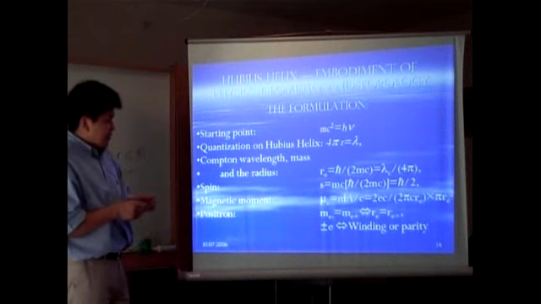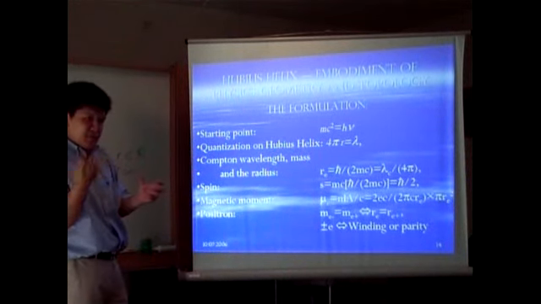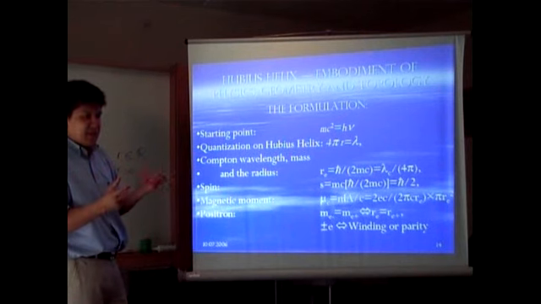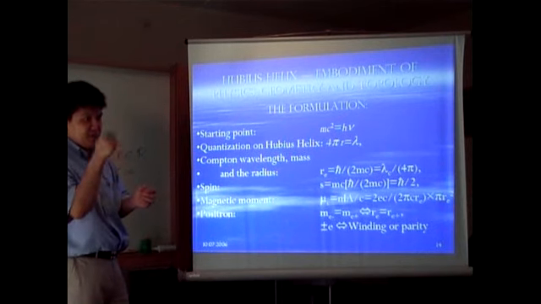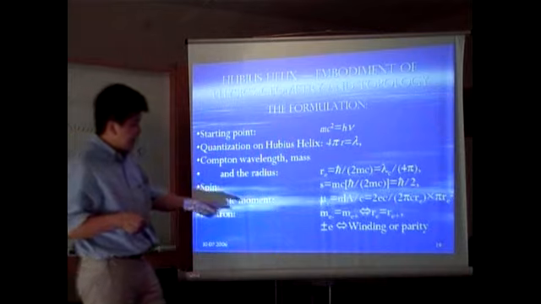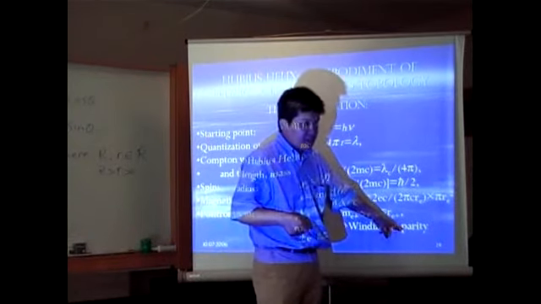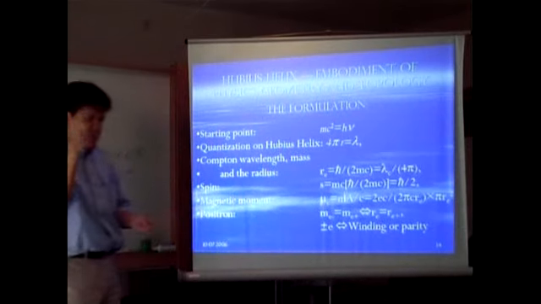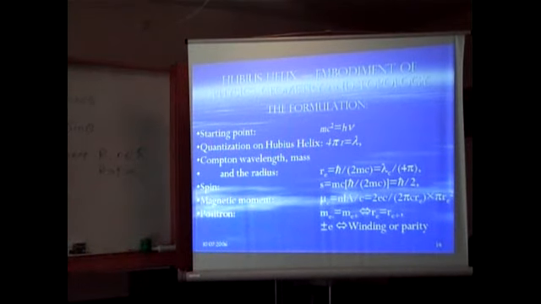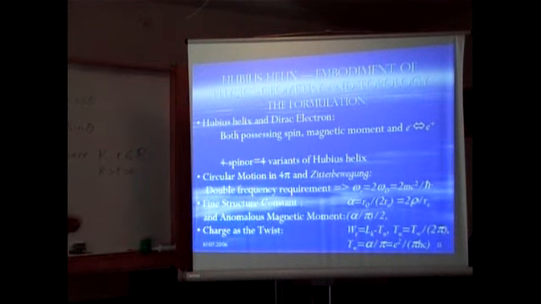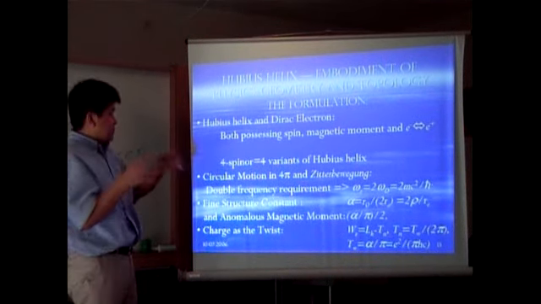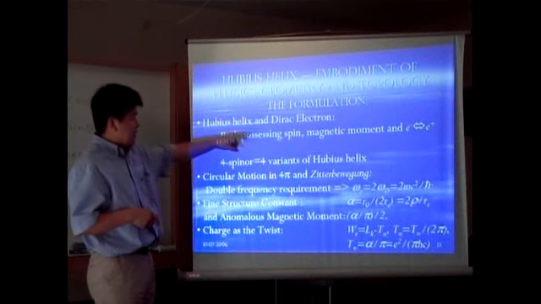And secondly, because one has a positive charge, one has a negative charge, that can be associated with the winding of your structure. So here it introduced a winding number and the parity. It depends on which way you wind it, right-handed or left-handed. Then I compared this formulation with the Dirac equation.